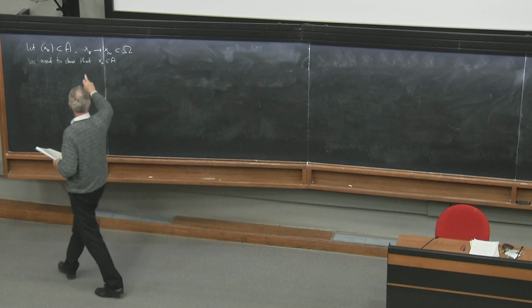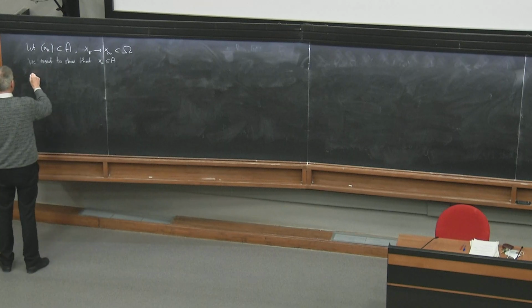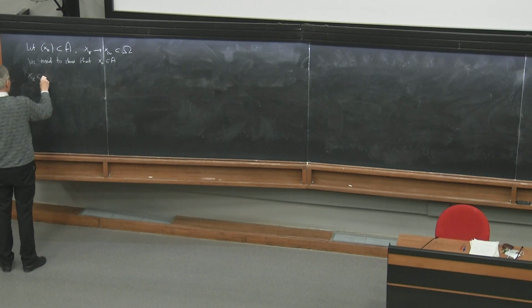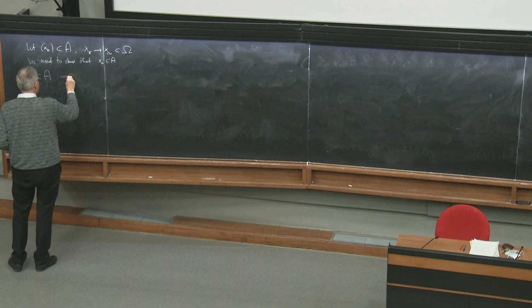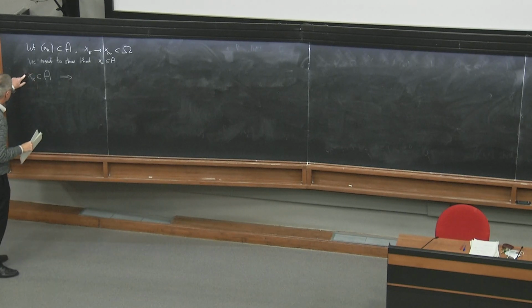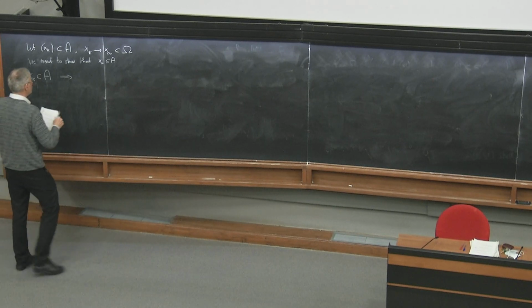So x_k in A means, remember the definition of A, that there exists an open neighborhood of x_k where u is in L1.